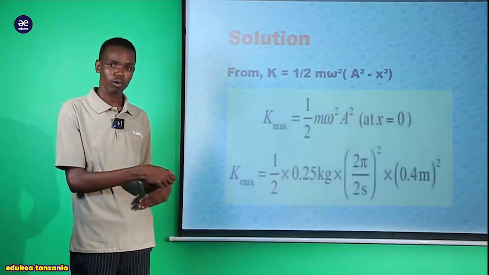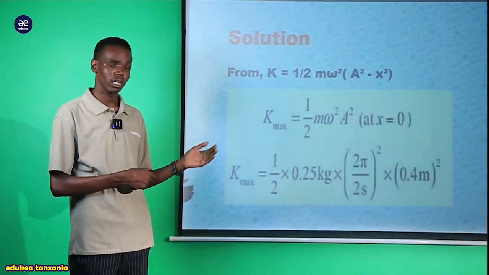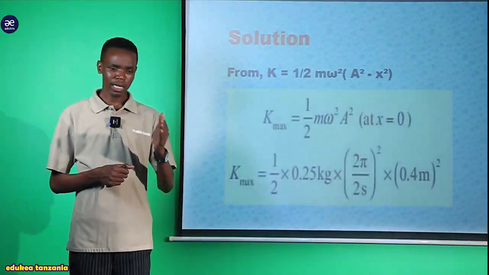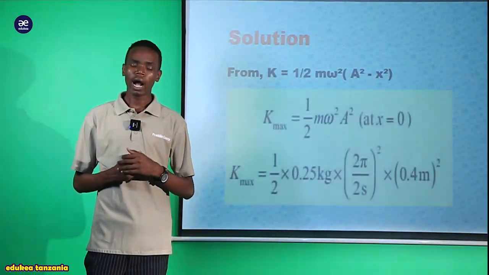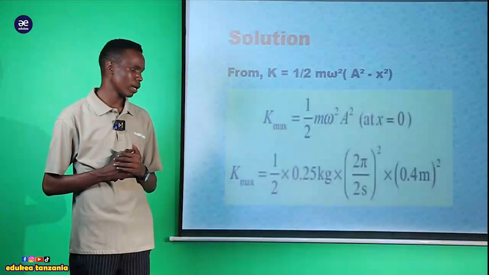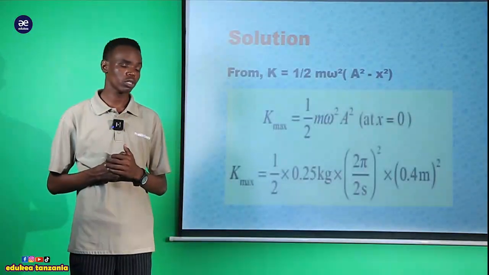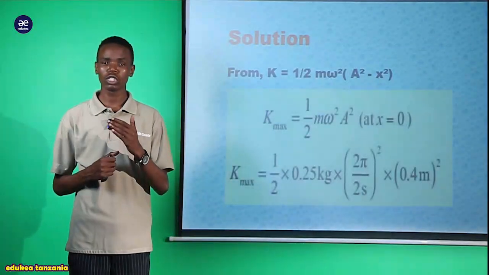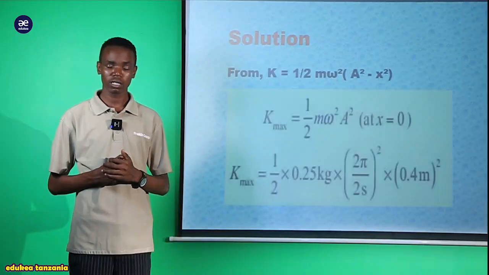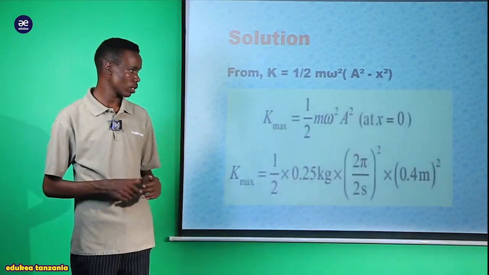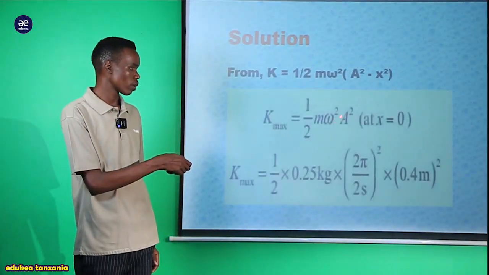We take a half times the mass, 0.25, and multiply by the angular velocity square. But we don't have the angular velocity. How can we get it, my dear student? We substitute the formula of the angular velocity, which is equal to 2 pi divided by the period.